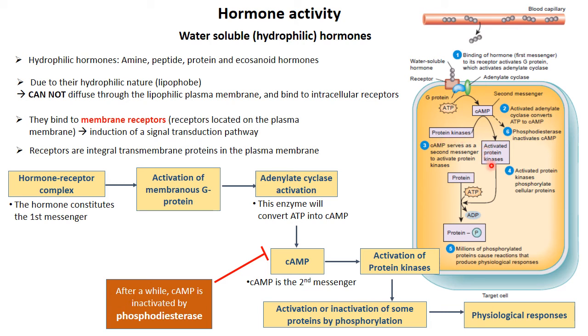Since they are active, they can activate the enzymes or the proteins by phosphorylating them. So those activated protein kinases will transform a non-phosphorylated protein into a phosphorylated and active protein, protein P-phospho.